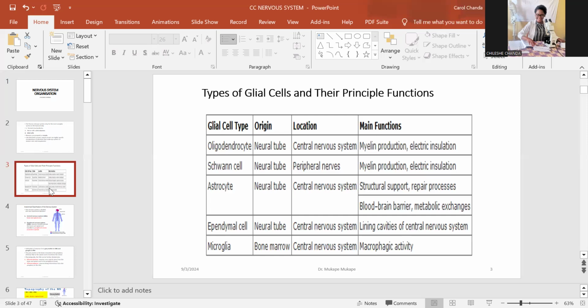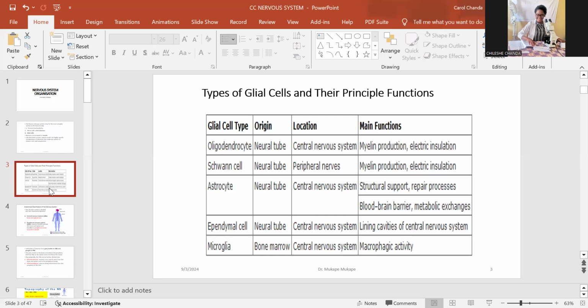That neural tube is where the oligodendrocytes will originate from. Their function is to produce myelin, so their function is to myelinate the neurons of the central nervous system.